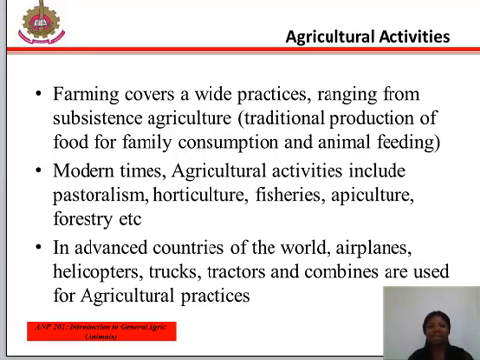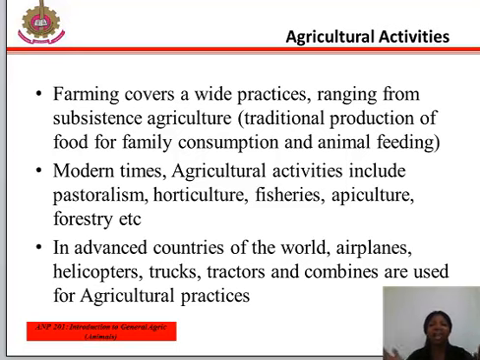In modern times, agricultural activities include nomadic farming, horticulture, fisheries, aquaculture, forestry, wildlife conservation, food science technology, production of industrial chemicals and drugs, and application of chemical fertilizers, wood ash, and limestone. Also, it includes pest control and soil management.